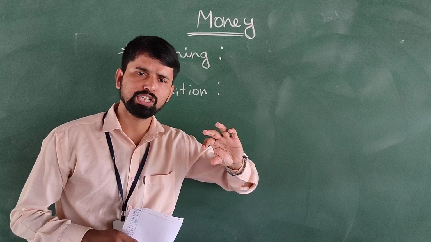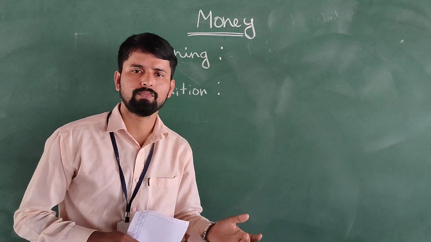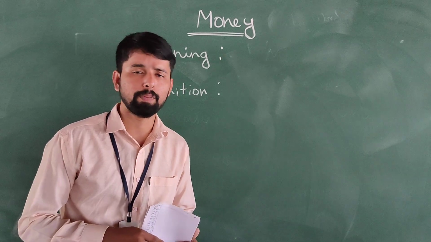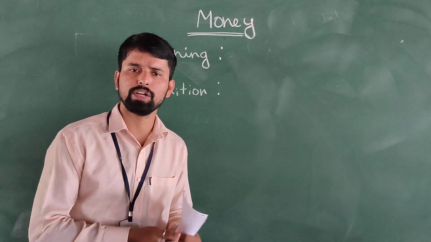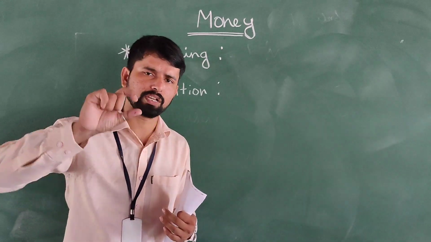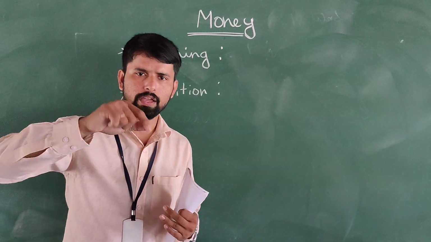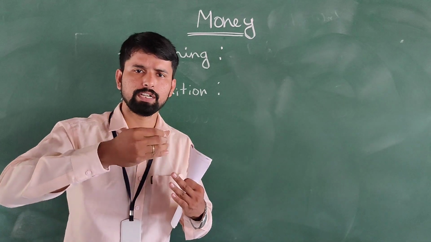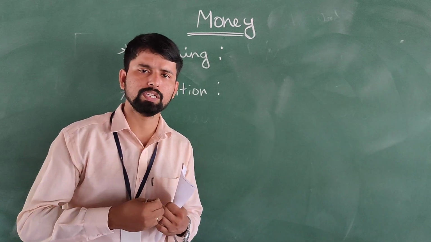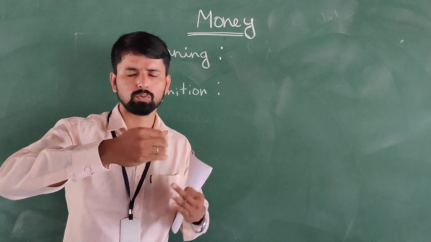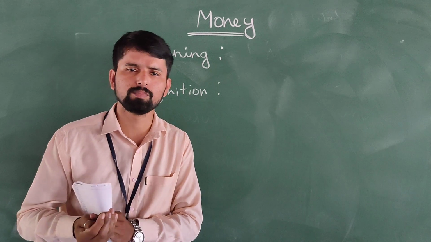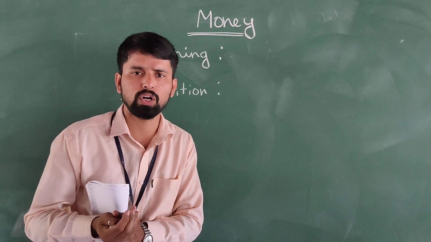After the metallic standard, the people find a better solution, that is the paper currency, the paper standard. In the paper standard, paper currencies are used, and convertibility is included in the paper currencies, so that they easily convert to other liquid forms such as shares, bonds, securities and many others.